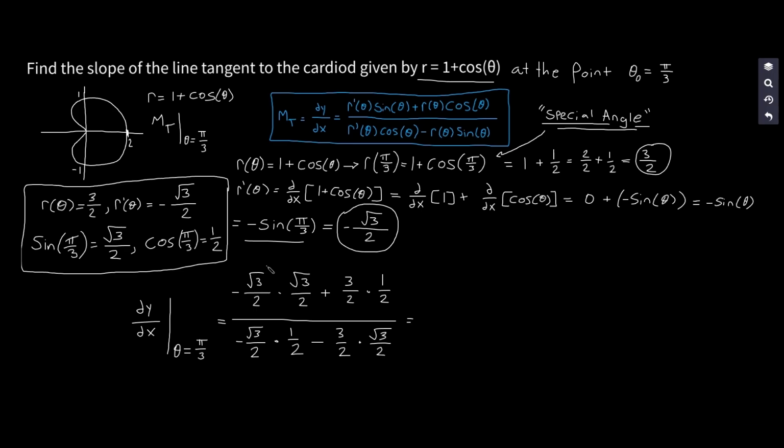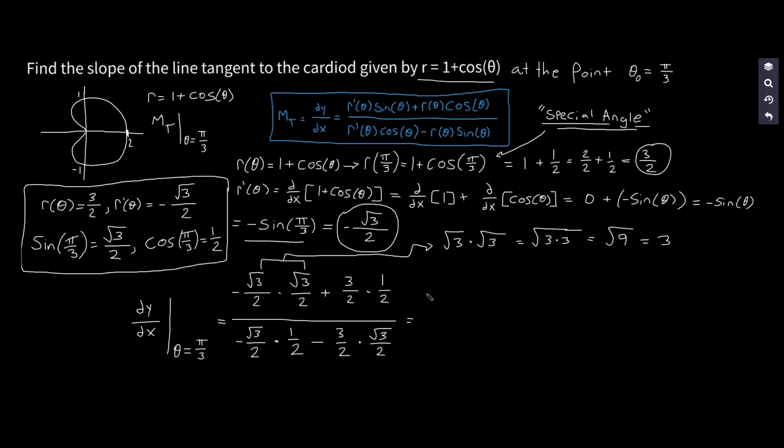Then we can simplify this, and we'll start here. One thing to note is that a root 3 times a root 3 is the same thing as the square root of 3 times 3, which is the square root of 9, which is 3. There's a negative, so we have to be careful.